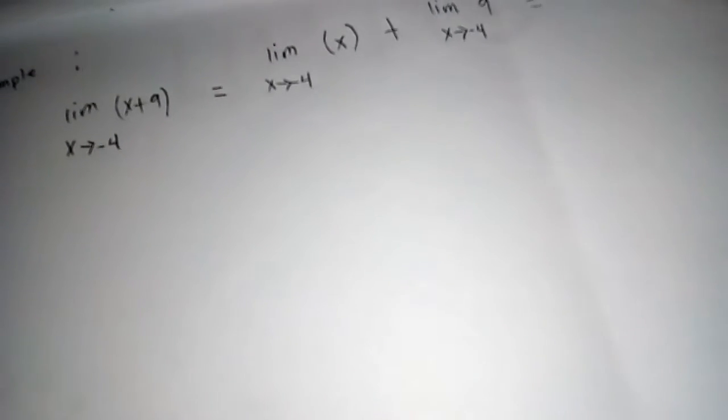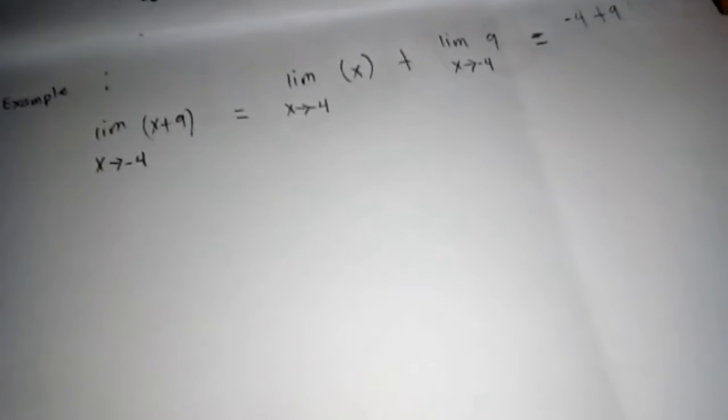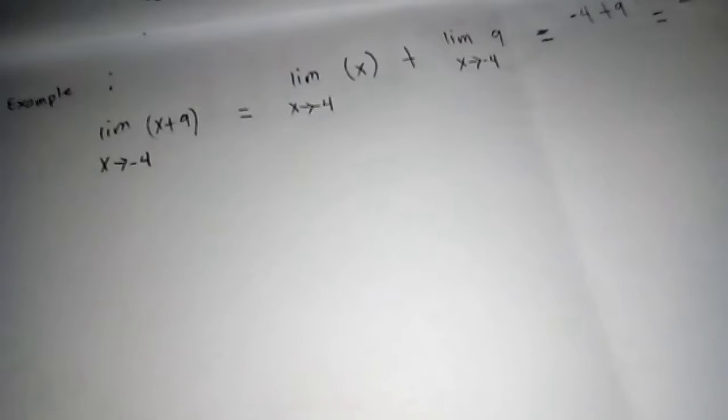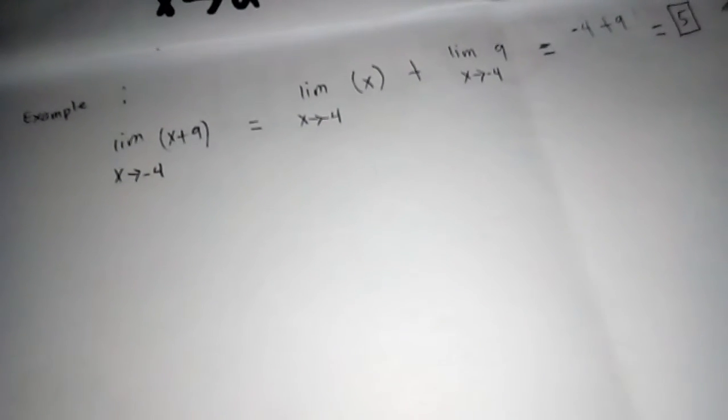We substitute x equals negative 4, so negative 4 plus 9 is equal to 5. So 5 is the answer.